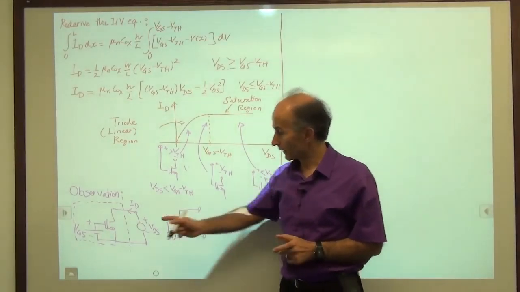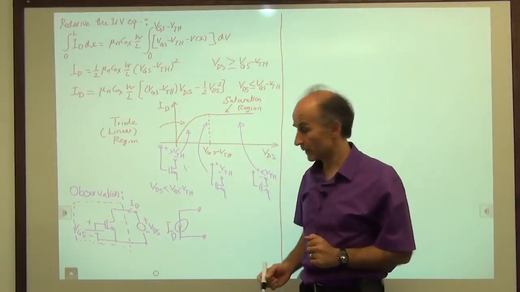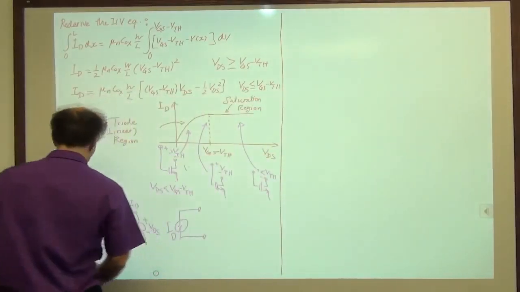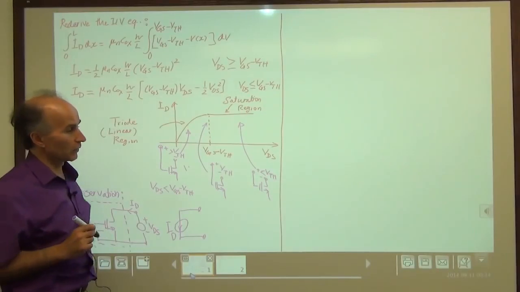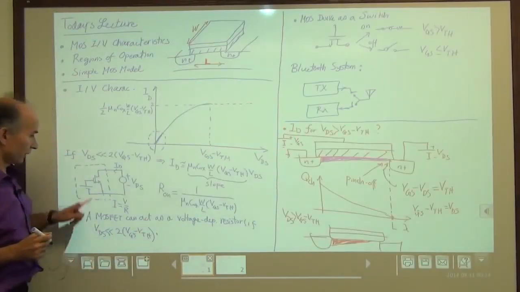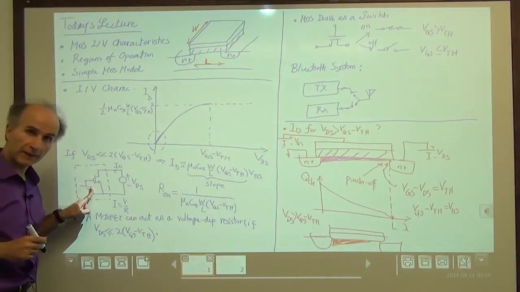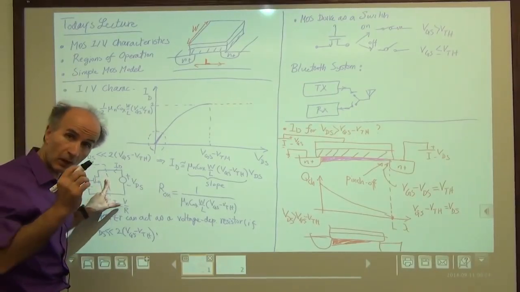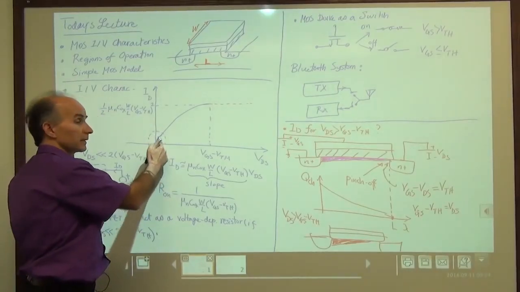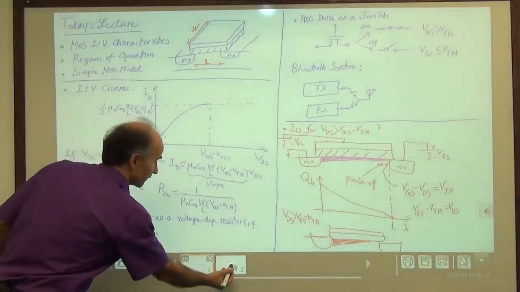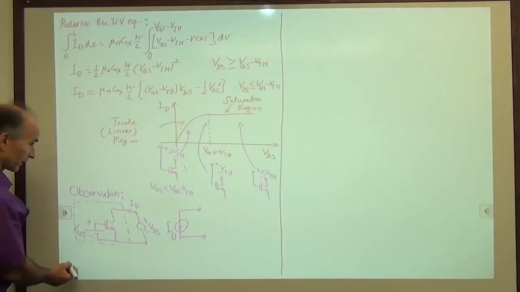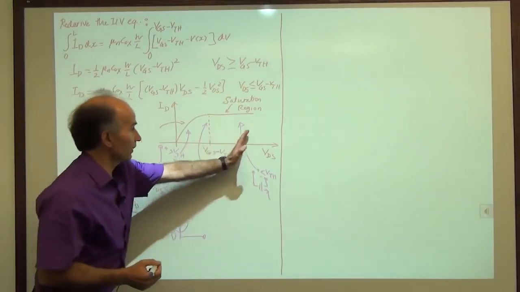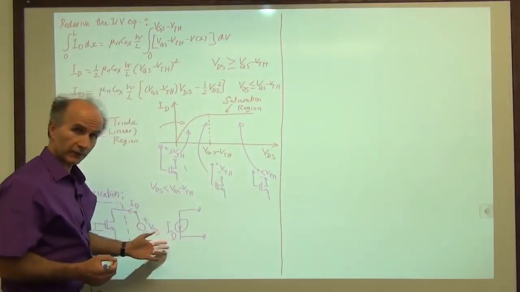Now, I hope this diagram is not confusing with respect to a similar diagram that we had on the previous page. So here, I also drew a diagram like this, right? The difference is, in this case, VDS was small. We were over here. In the new case, VDS is large, so that we have passed the overdrive voltage, and we have reached a constant current.